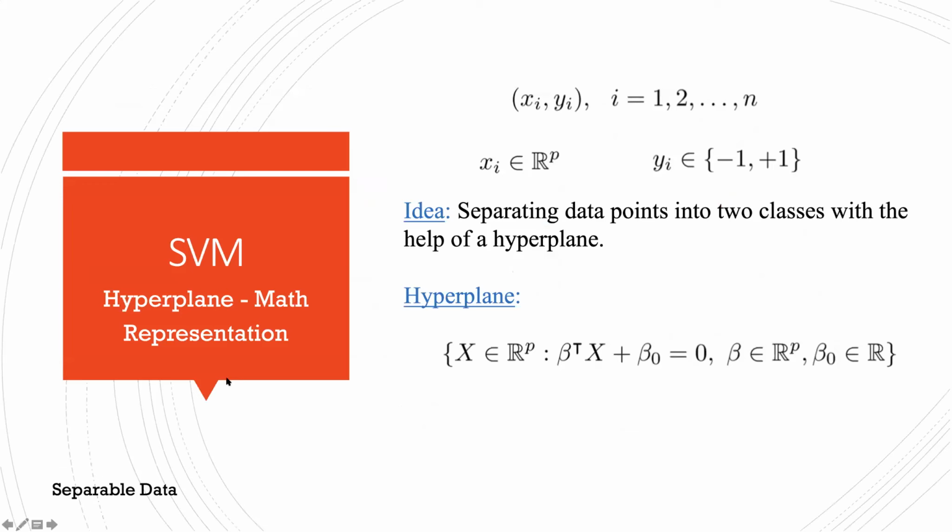Let's start with the math representation of our SVM and hyperplane. As usual, we have the data with x_i's and y_i's. The x_i's are our variables that we will use for classification, and y_i is called the label in support vectors, okay?